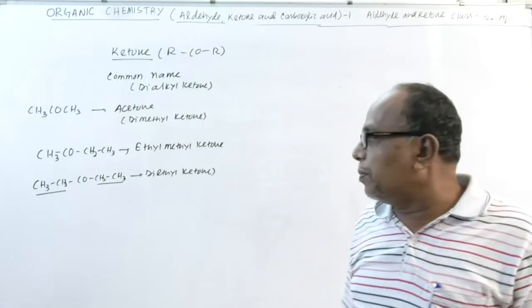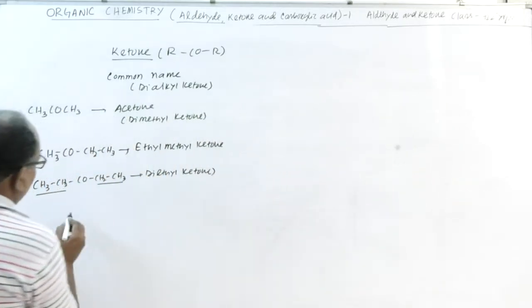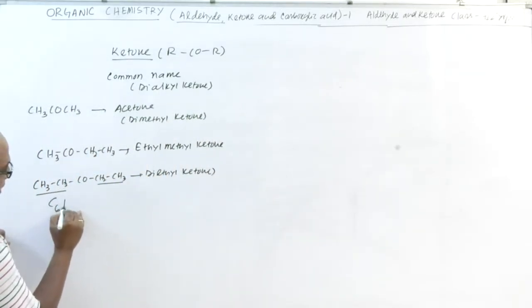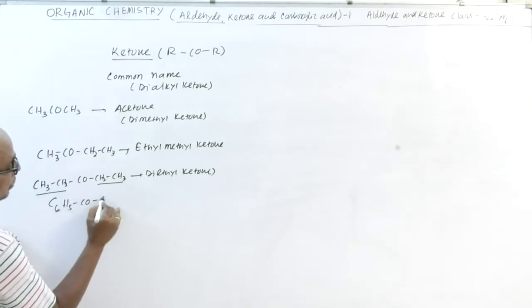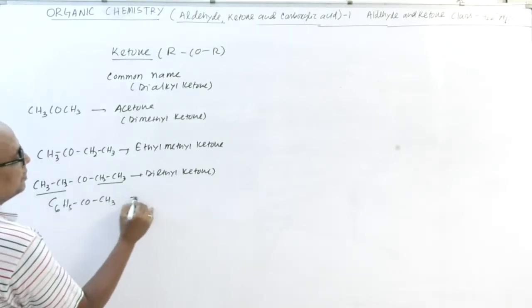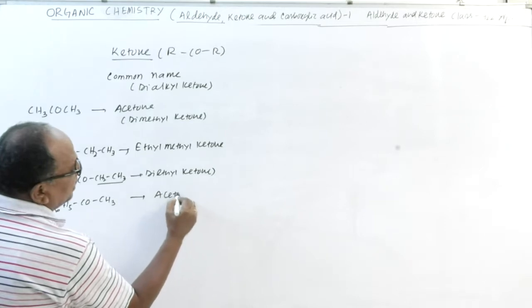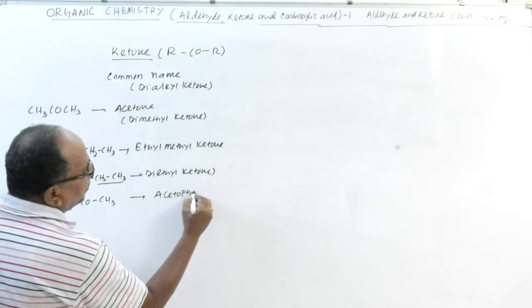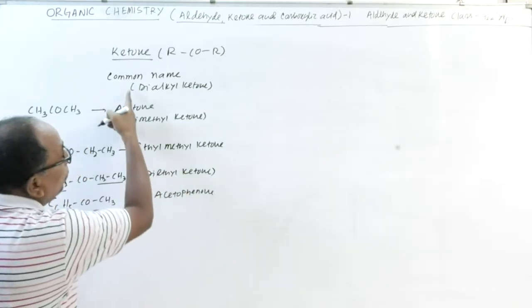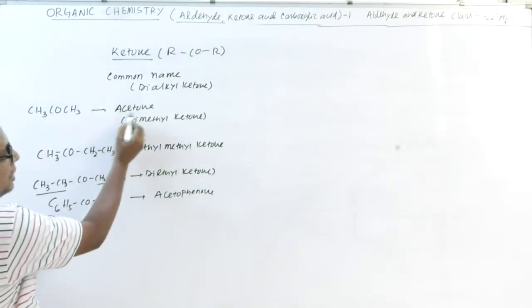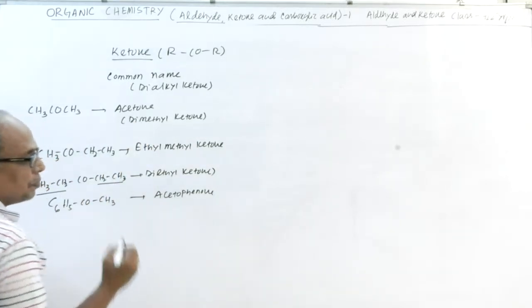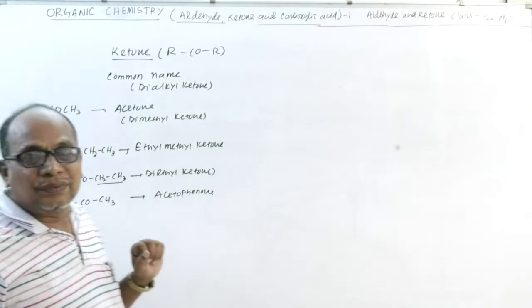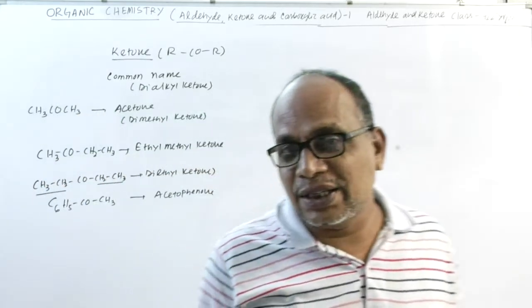If you take some aromatic compound, suppose you take the benzene ring C6H5, CO, CH3, this is popularly known as acetophenone. You see acetone, acetophenone. Phenone means phenyl.